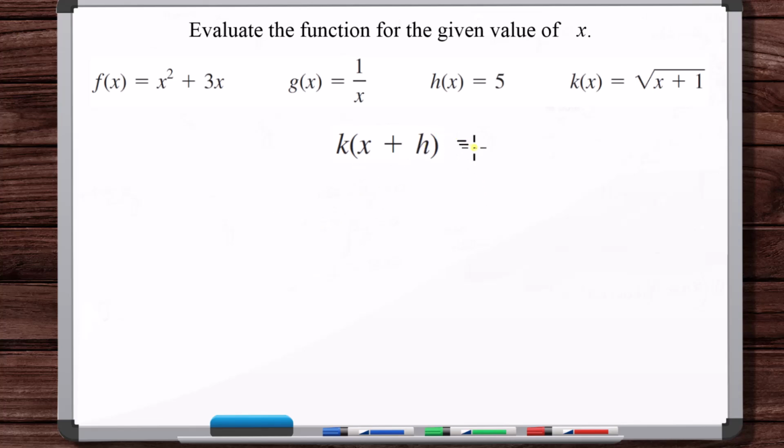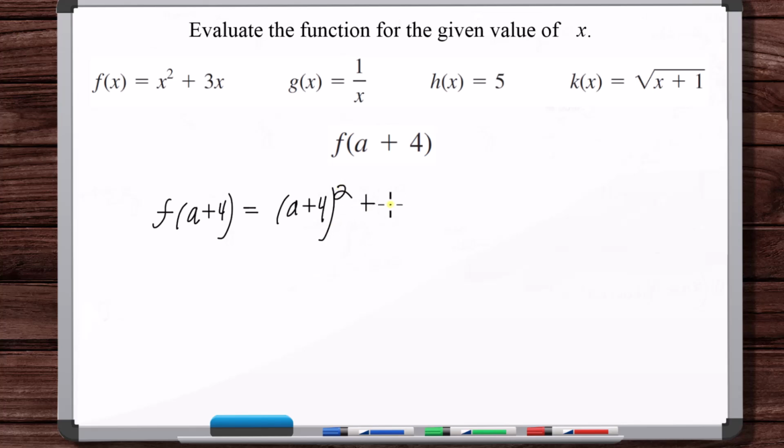Okay, k of x plus h. So we've got x plus h plus 1, and that's it. F of a plus 4, so replace x with a plus 4. But now here we can simplify this a little bit more.